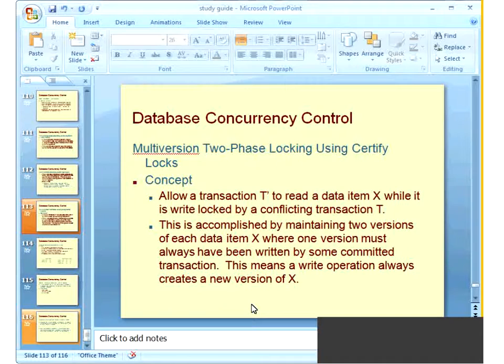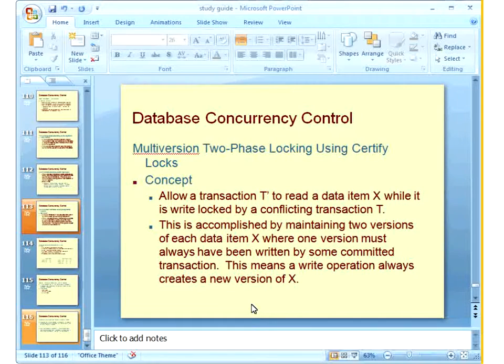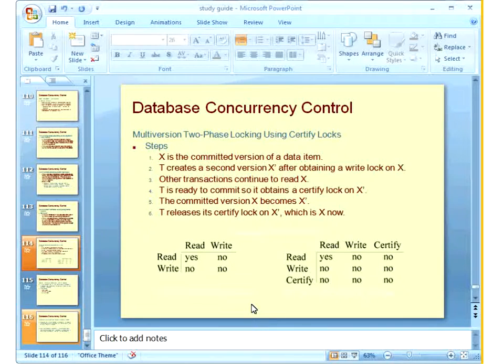When I said to you before that when you lock a data item for writing, it is not available for others for reading. But now when you use certify locks, you are keeping two versions of a data item which is write locked, and you are allowing other transactions to read the data item X. The steps are: X is a committed version of a data item.